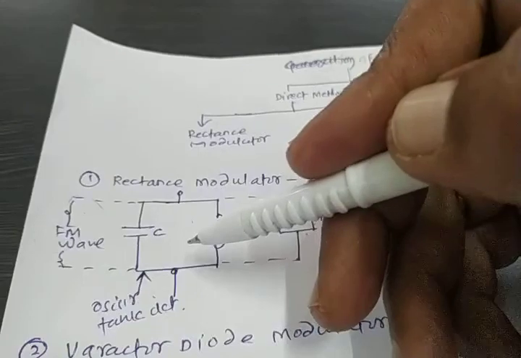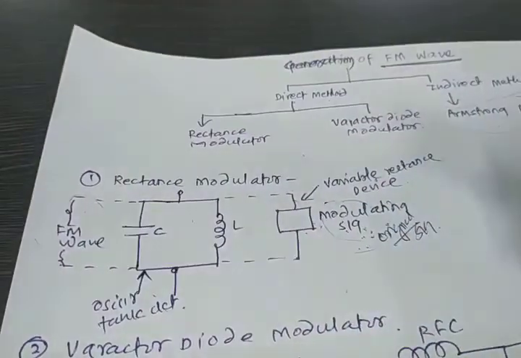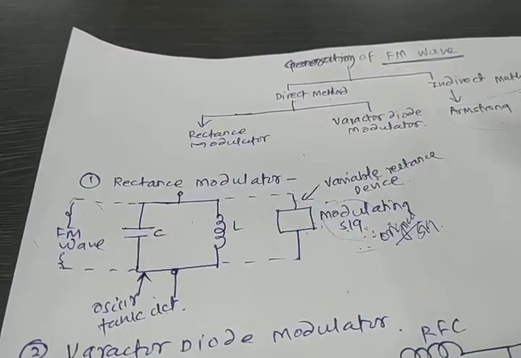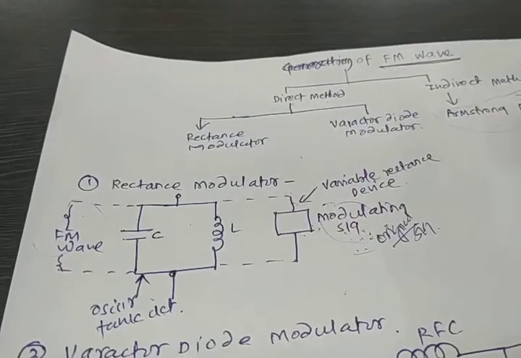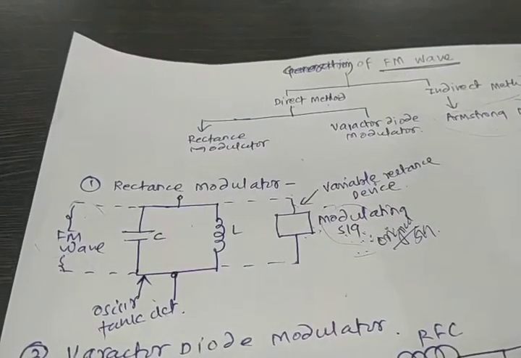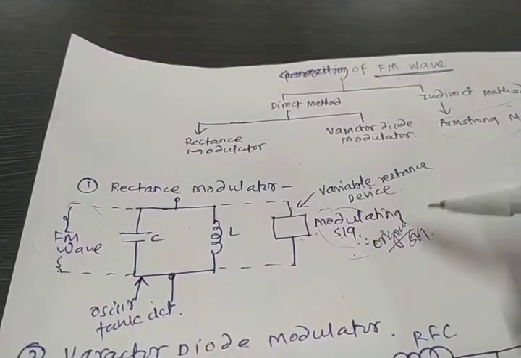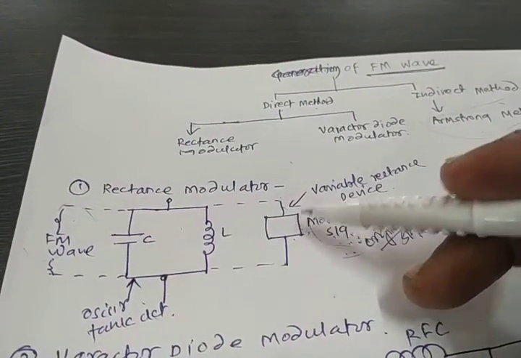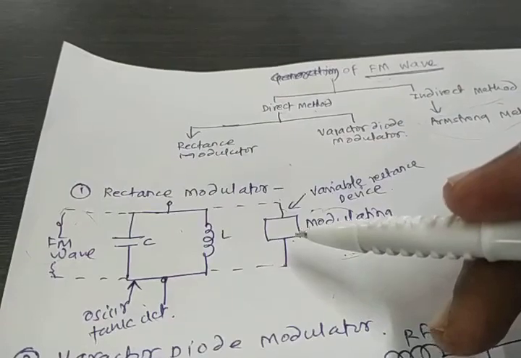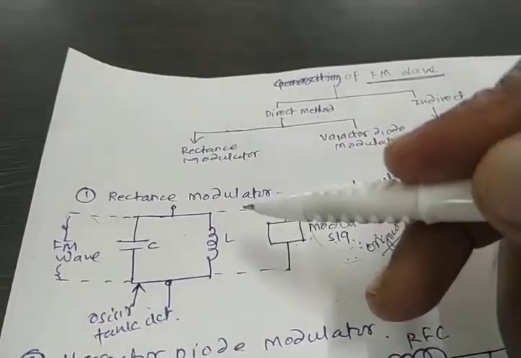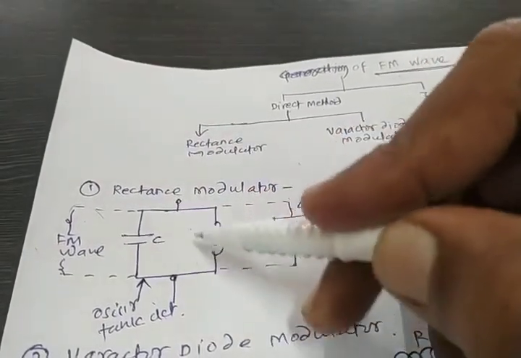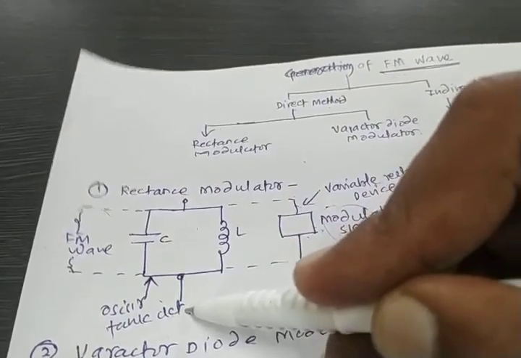The purpose of the tune circuit here is tuning. Whenever we perform the action of tuning, we add the carrier signal. So the modulating signal and the carrier signal are both generated, and both are tuned using this oscillator tank circuit.